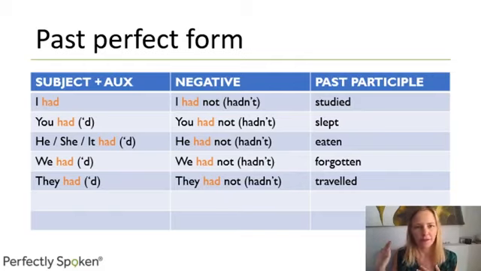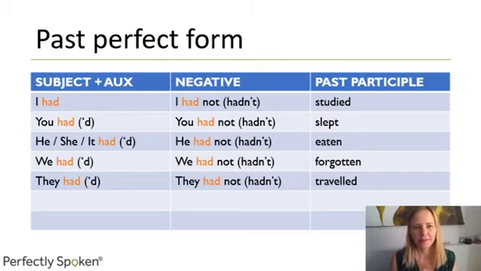I'm sorry, on the table it doesn't have it, but you can say I had or I'd. You had or you'd. He had or he'd. She had or she'd. It had or it'd. We had or we'd. They had or they'd.